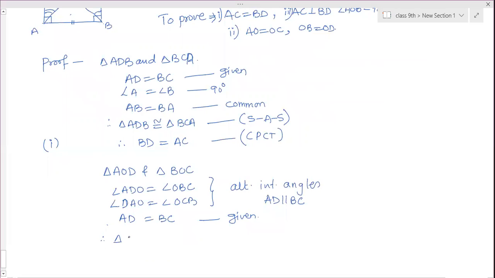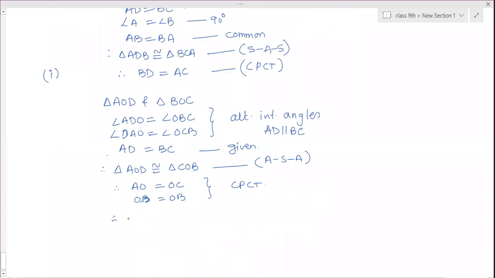So therefore triangle AOD is congruent to triangle COB by ASA congruency, and therefore AO is equal to OC, OD is equal to OB, by CPCT. So therefore diagonals bisect each other. Here diagonals are equal. This is the second part we have proved.